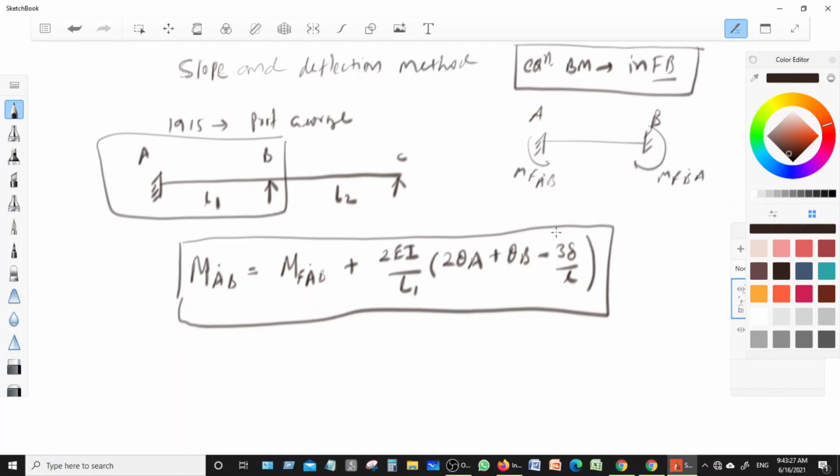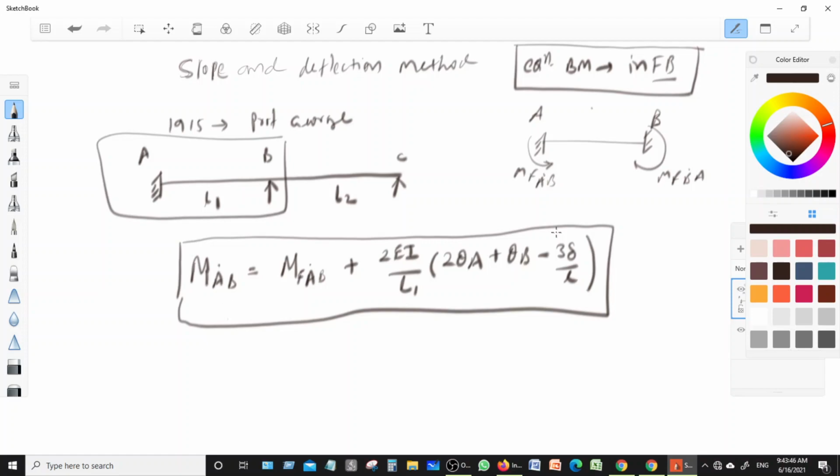the fixed end moment at A, and here the fixed end moment at B for the AB span. So we consider the segment of each span as a fixed beam, and then we put in the equation.